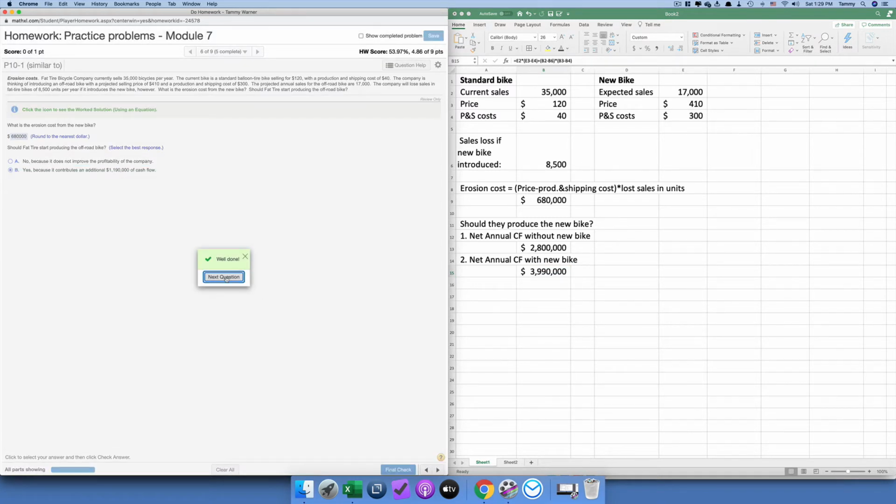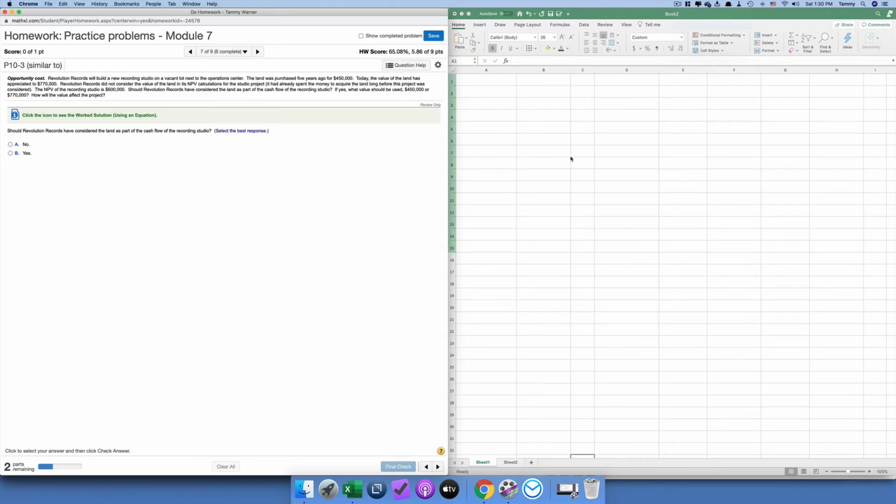And there it is. Okay, this next one is worded a little weirdly, and you don't need to do any calculations for it. But let's just read it through. Revolution Records will build a new recording studio on a vacant lot next to the operations center. The land was purchased 5 years ago for $450,000. Today, the value of the land has appreciated to $770,000.